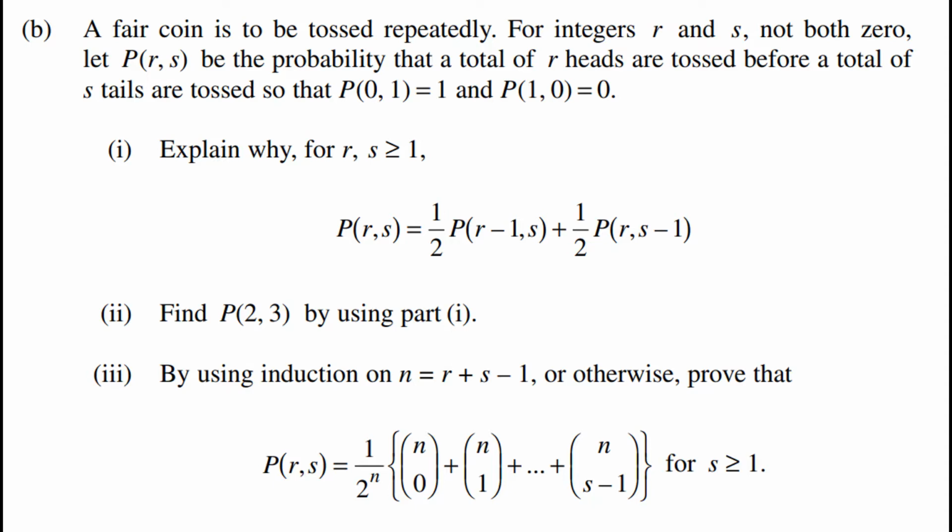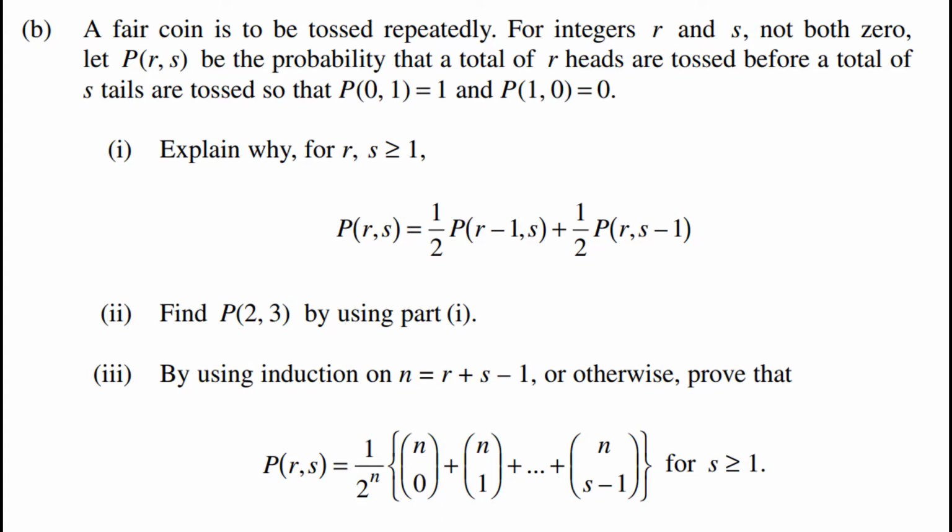So part 3 here says, by using induction on n equal to r plus s minus 1, or otherwise, prove that the probability of r comma s is equal to 1 on 2 to the power of n times, in brackets, nC0 plus nC1 plus all the way up to nC(s minus 1), for s greater than or equal to 1.